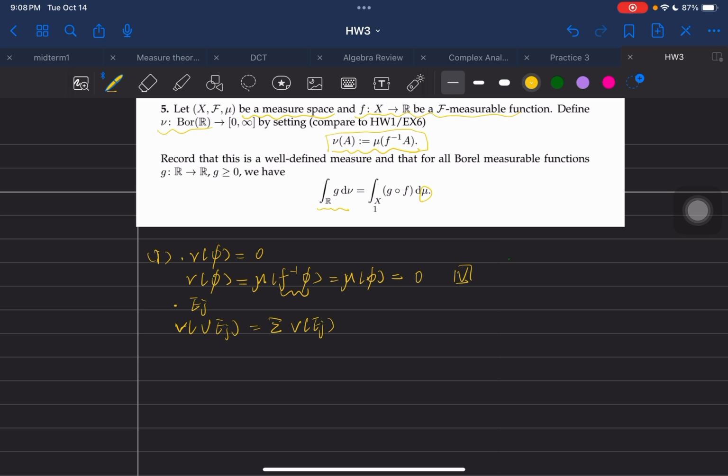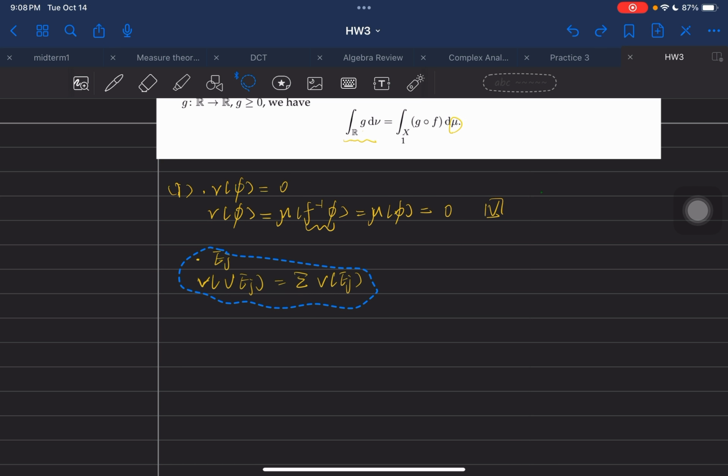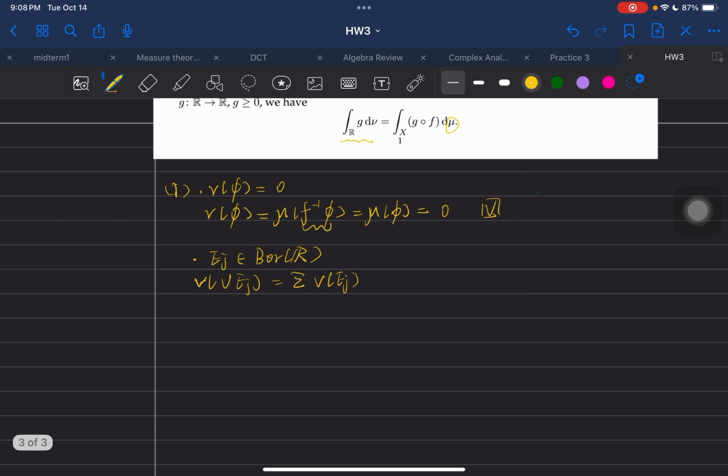So we're gonna take a bunch of Borel sets E_j, and we're gonna check. So the E_j's would essentially be in the Borel sigma algebra of R, which are some open sets or some intersections and unions.